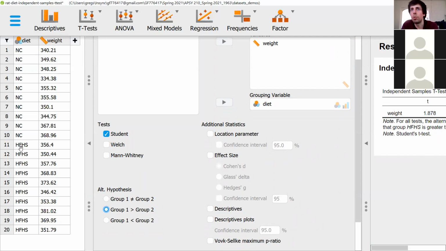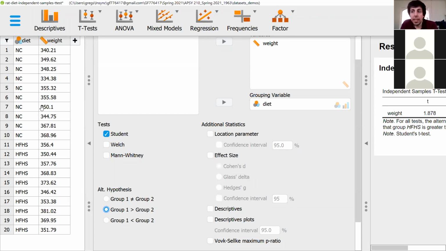So it assigned group 1, or population 1, to the high-fat, high-sugar chow-fed group, HFHS. Whereas in the problem that we were just solving, I arbitrarily assigned population 1 and sample 1 to be the normal chow group.